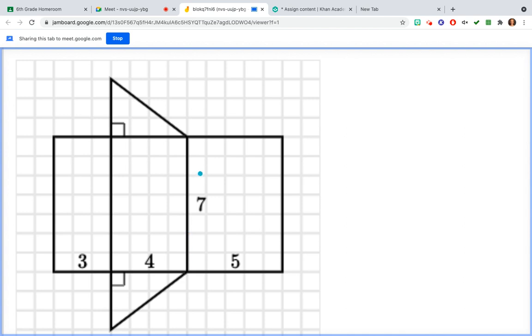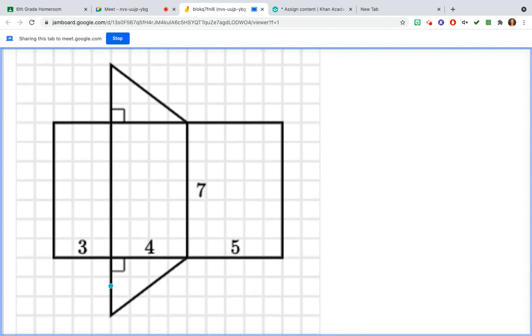As long as you imagine putting that shape back together, it does require a little bit of mental gymnastics because you're moving and manipulating shapes in your mind. You can also use the polyhedra that you folded yourselves. So I'm going to go ahead and label all of my dimensions here.